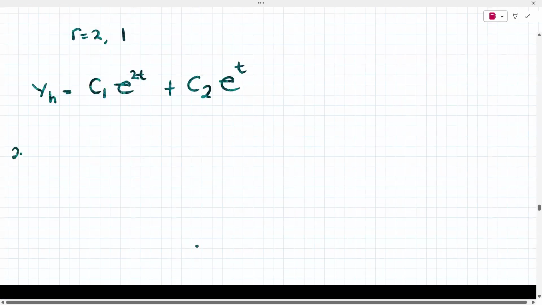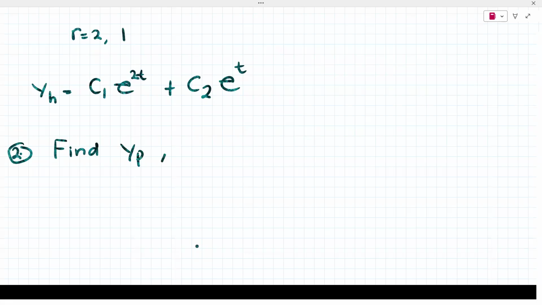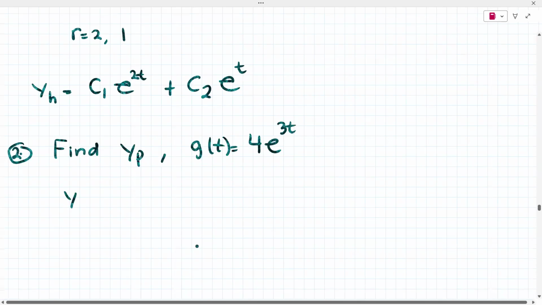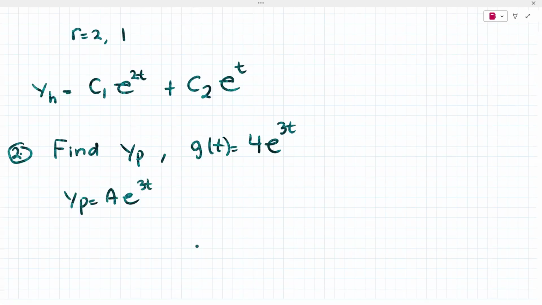Okay, step 2, I would find yp when g of t is equal to 4e to the 3t. So what is my yp? My yp is going to be a e raised to the 3t, right?